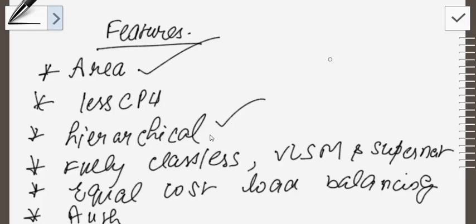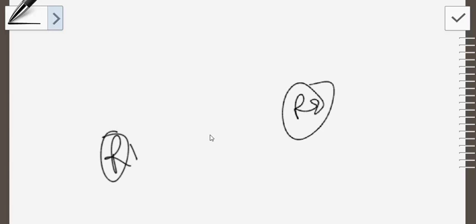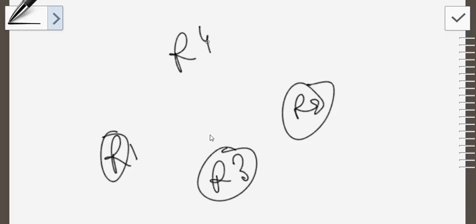Normally in any routing protocol, you have routers and you run a protocol over these routers. Here you club your routers into multiple areas and create a hierarchical structure. For example, you have router 1, router 2, router 3, and router 4.